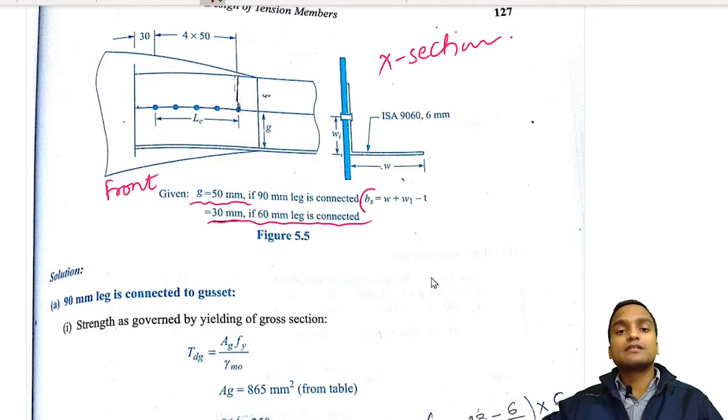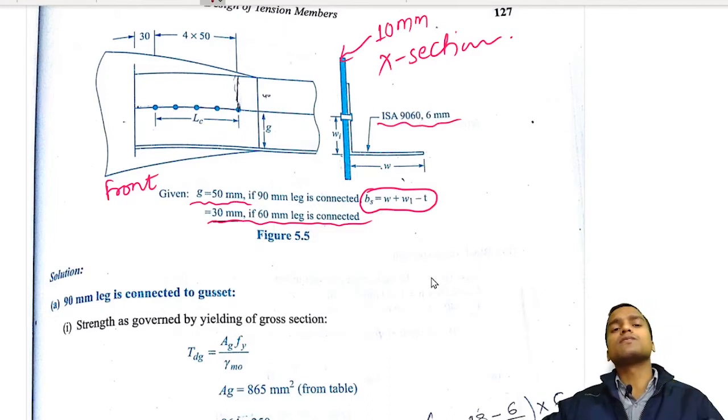And BS, the shear lag width value, is given already in this question, and this is also as per the IS code, and all the notations are being shown here. And this is the ISA angle section being connected to the gusset plate, and the gusset plate has a thickness of 10 mm. Okay, so this figure should be clear first of all.